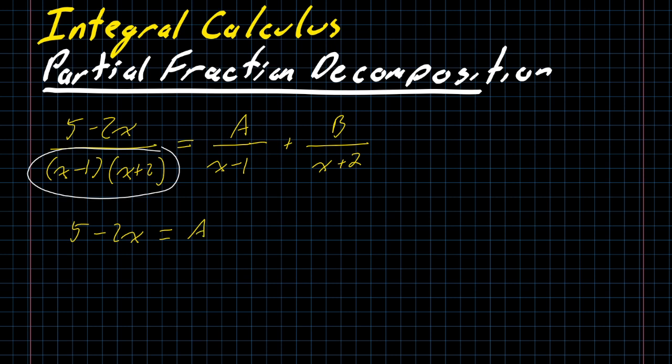So we multiply (5 minus 2x) over (x minus 1)(x plus 2) times (x minus 1)(x plus 2), and the x minus 1's cancel out and the x plus 2's cancel out, and we're left with 5 minus 2x. We take a over x minus 1. We multiply by (x minus 1)(x plus 2). The x minus 1's cancel each other out. We're left with a times (x plus 2). And likewise, on b's, the x plus 2's cancel out, and we're left with b times (x minus 1).